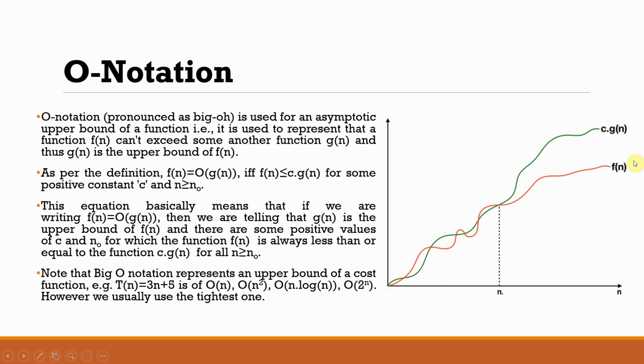If we find the complexity or cost function of an algorithm, let's say f of n, and we can find an n0 for which there is a function g of n where c times g of n is always greater than f of n for any n bigger than n0, we say that g of n is dominating f of n, and we also say that f of n is big O of g.